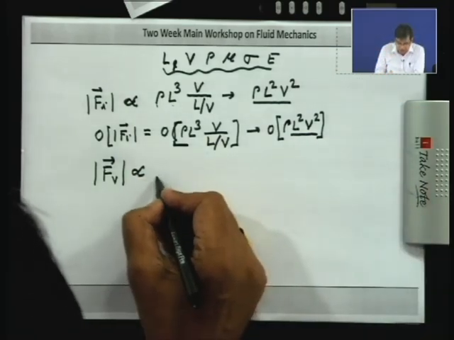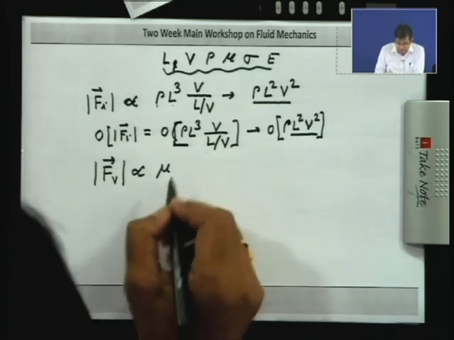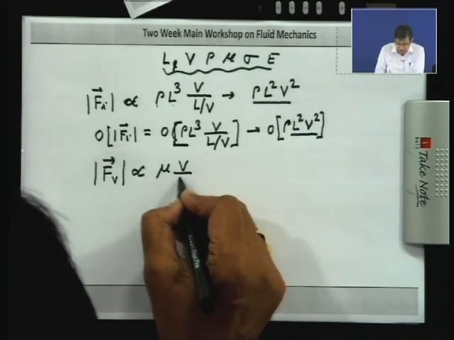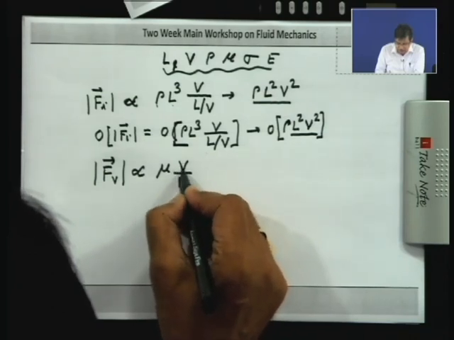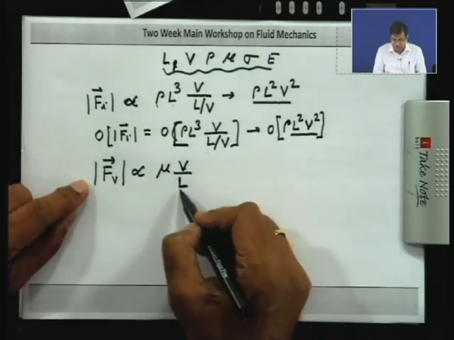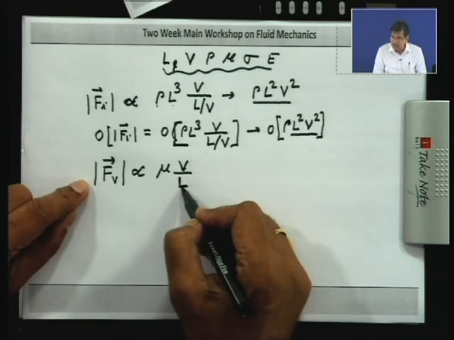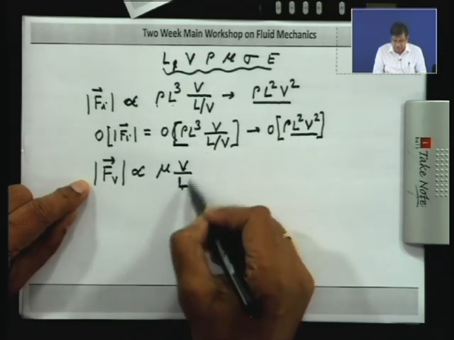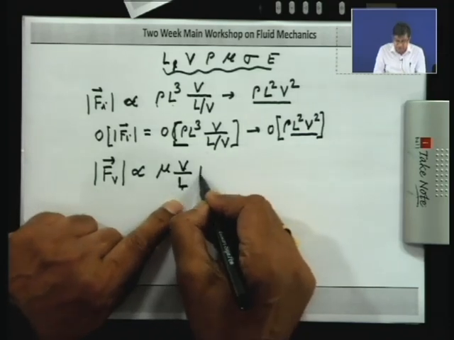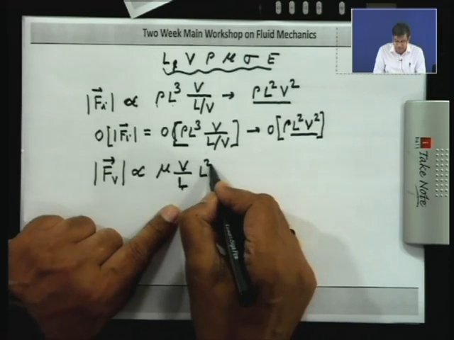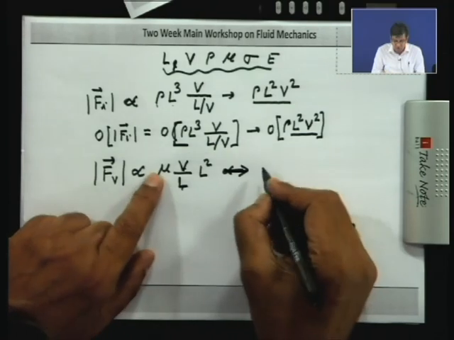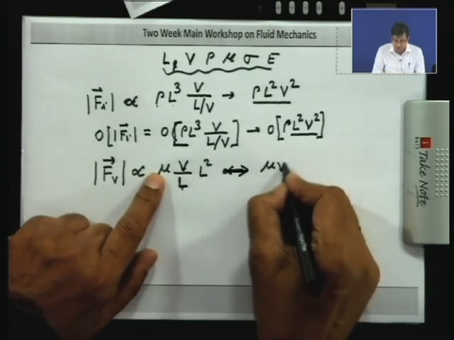What is important is mu times the velocity gradient, and the velocity gradient is proportional to the characteristic velocity over the characteristic length. So the order of the velocity gradient is V divided by L, times the area. This is the viscous stress times area. So this becomes equal to mu V into L.